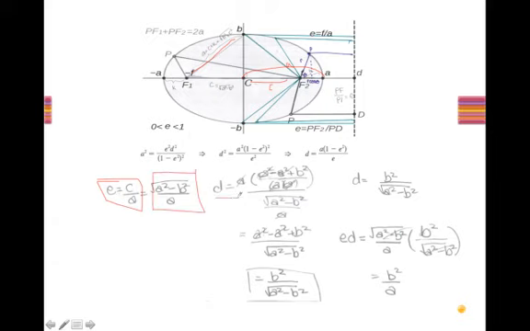Now the directrix, we won't go into detail about how the equation comes about, but using these steps and these equations from Calculus: Early Transcendentals, we end up with this equation for the directrix. If we multiply these two, you can see that this cancels with this, and we are left with b squared over a.